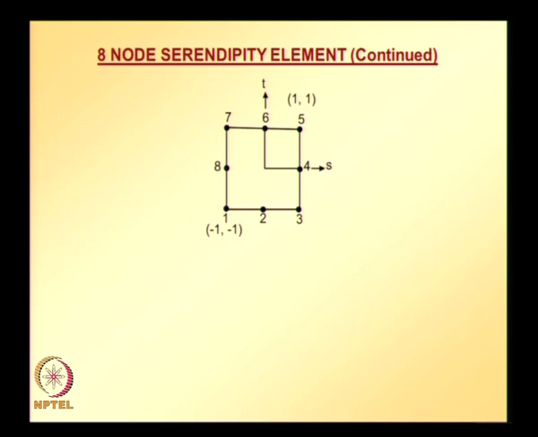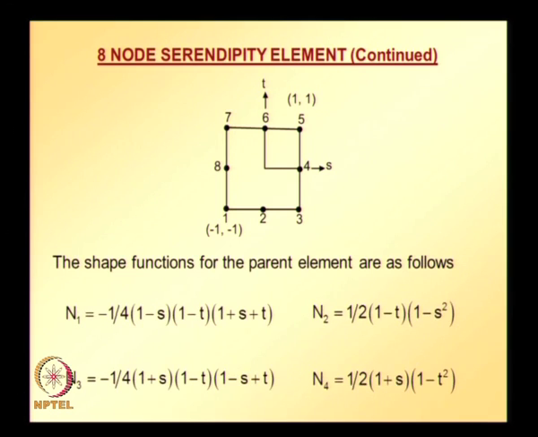And we also require the shape functions of the 8 node serendipity element in the parent domain. We already discussed how to get the serendipity element shape functions earlier. So, the same shape function expressions are reproduced here.